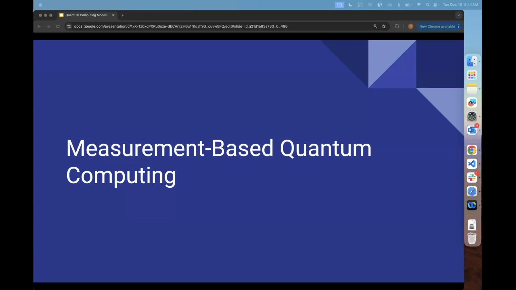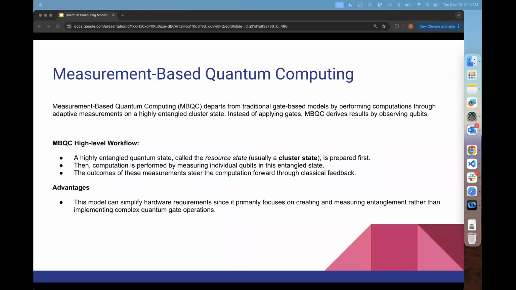And the next model that I want to discuss today is measurement-based quantum computing. Measurement-based quantum computing is an interesting approach to quantum computing.